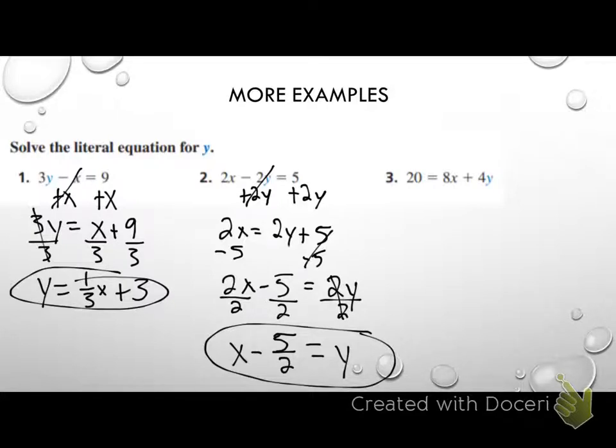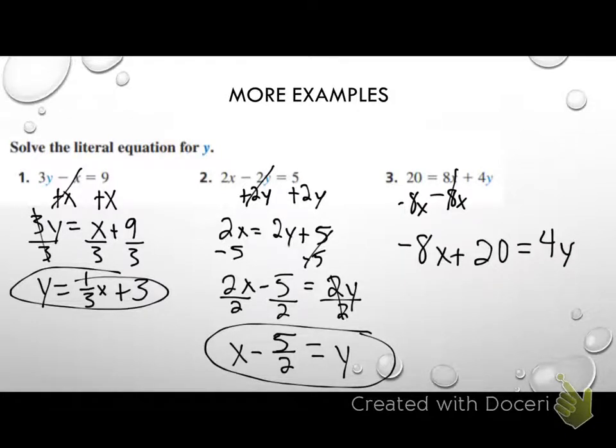Okay, number 3. 20 equals 8x plus 4y. What would be my first step here? Subtract 8x from both sides. Negative 8x plus 20 equals 4y.